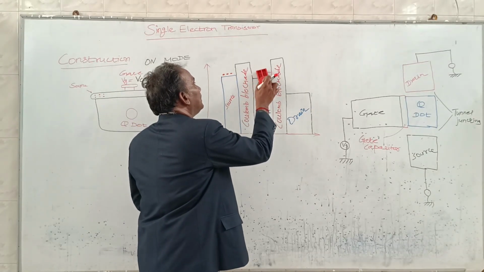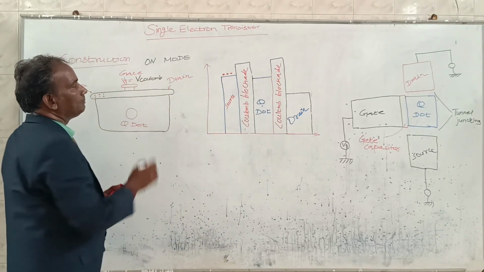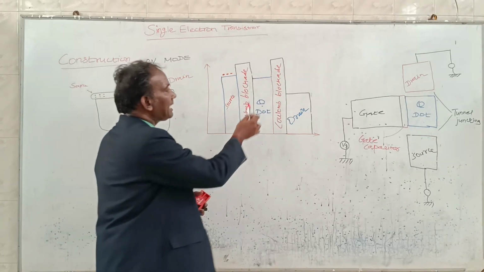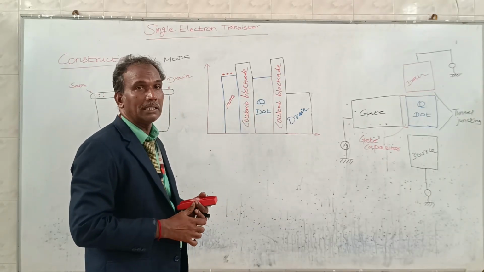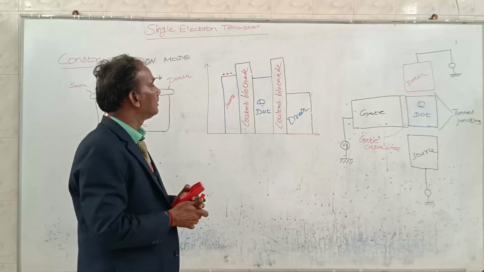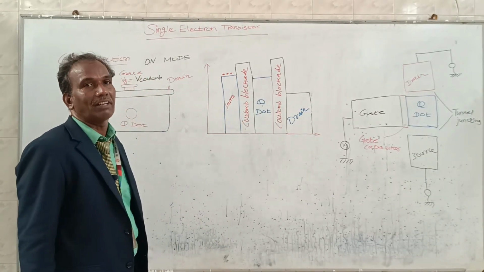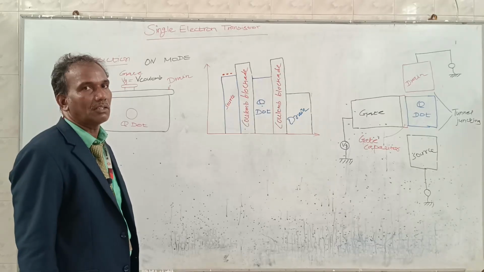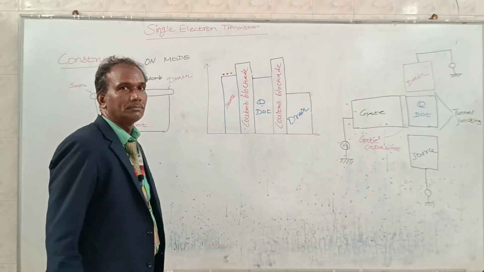But in the case of on mode, the potential energy of the quantum dot is lowered a little compared to the previous case. So this situation is energetically favorable to the movement of electrons from source to quantum dot.